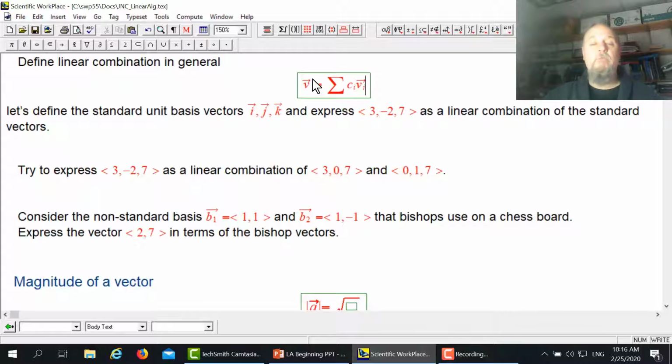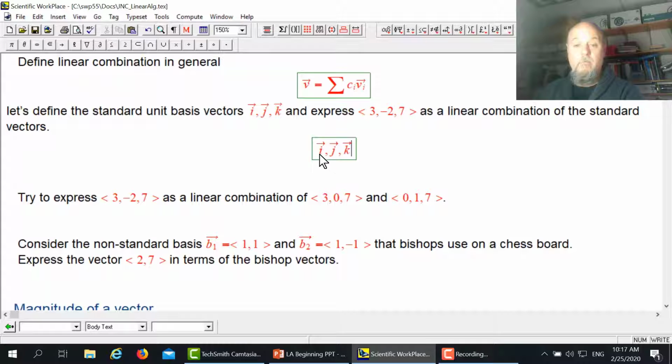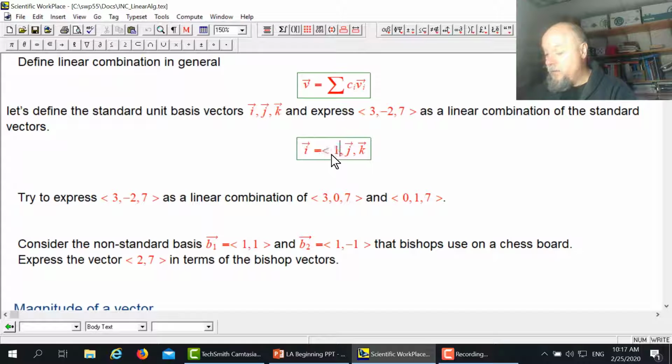So here I've got we can write linear combinations of a set of vectors to make another vector. We've got standard basis vectors i, j, and k. So what we mean by i, j, and k: i is equal to vector 1, 0, 0. j is equal to 0, 1, 0.